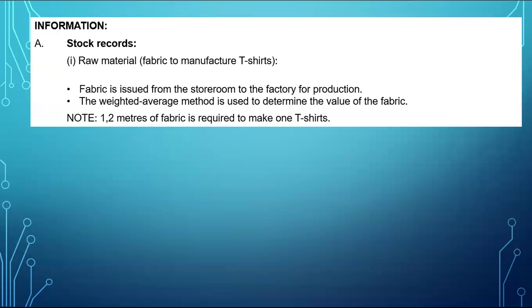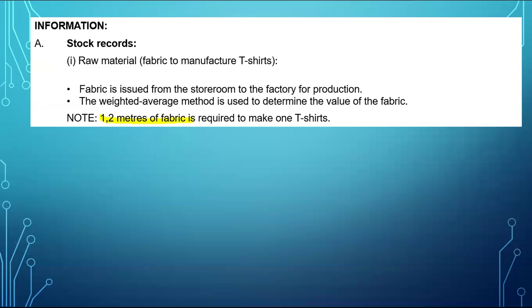And according to this note here under raw materials, I don't know if I asked you to highlight it in the first video, but just highlight it here. We use 1.2 meters of fabric, which is our raw materials, to make one t-shirt. So to make 2 t-shirts, we will use 2.4 meters of fabric. So how do I get that 2.4 meters?